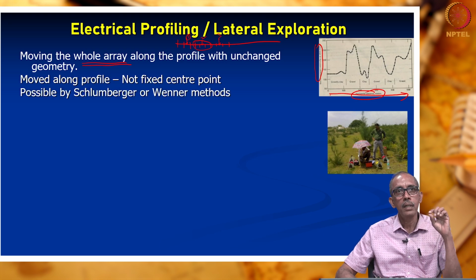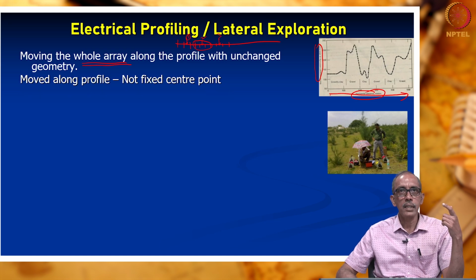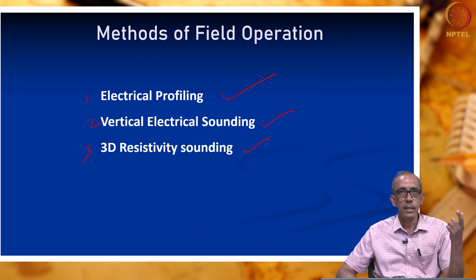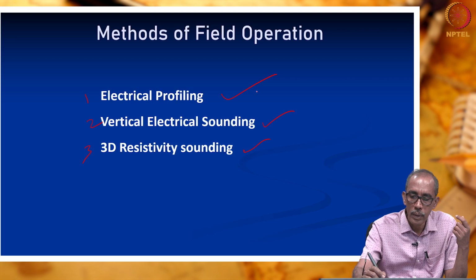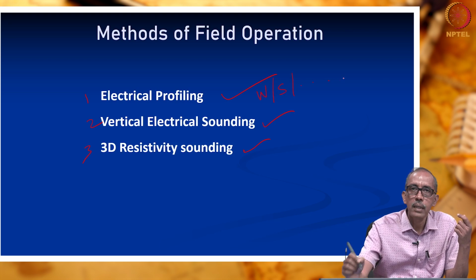This is possible with Wenner as well as Schlumberger or dipole-dipole. We can use any electrode configuration, right? Please remember the method of carrying out the investigation in the field. All these 3 methods can be carried out by any electrode arrangement. That means electrical profiling can be carried out by Wenner, Schlumberger or any other method.